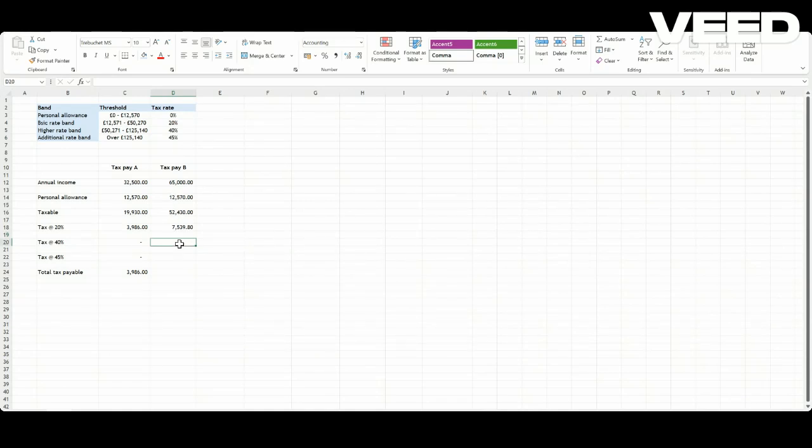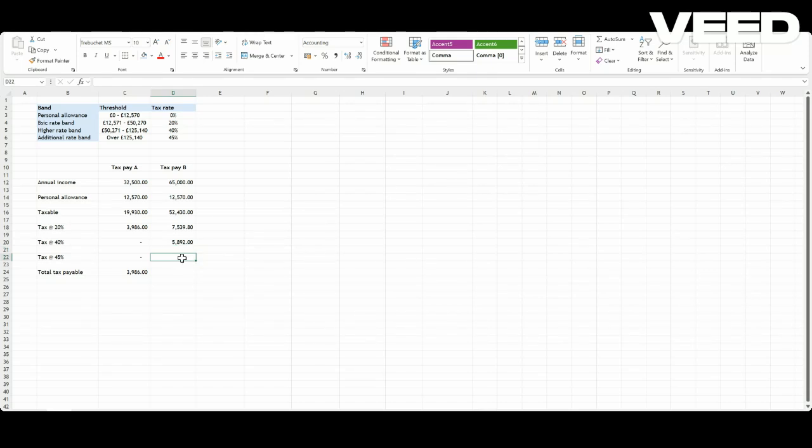So we come here again to the tax at 40%, whereby now we say 65,000 subtract 50,270, which is the higher end of the basic rate band, and we multiply this by 40% to get 5,892.